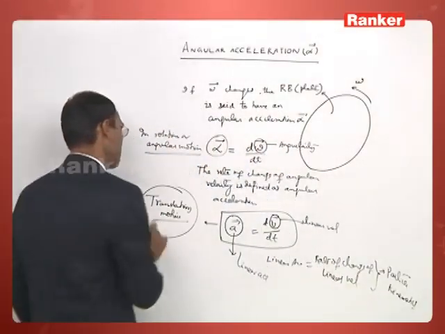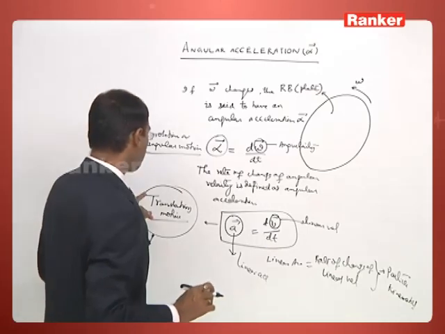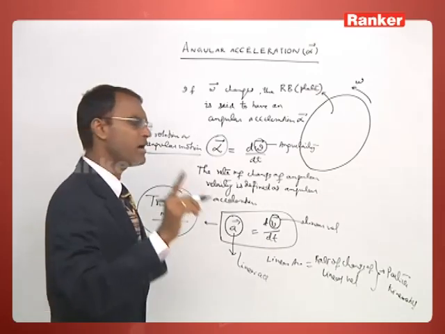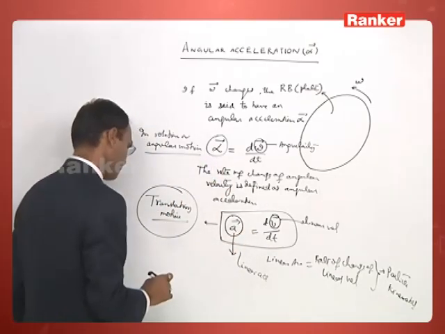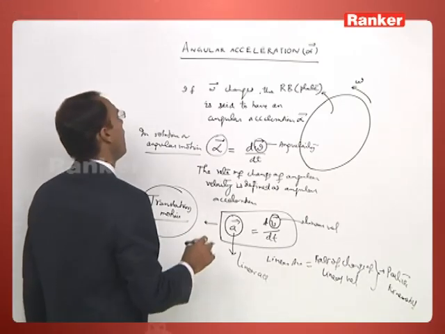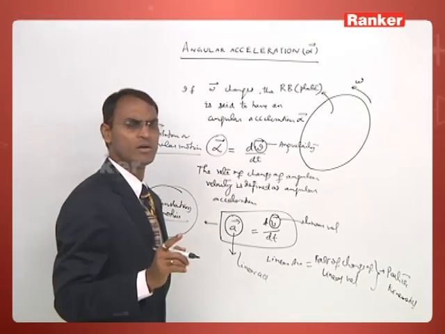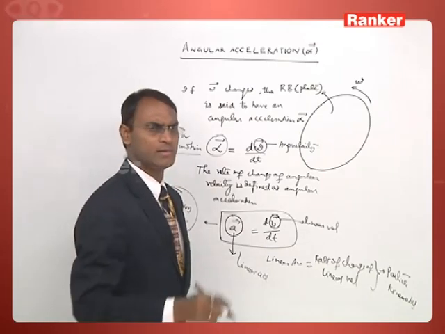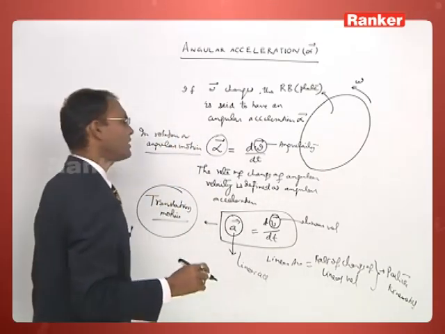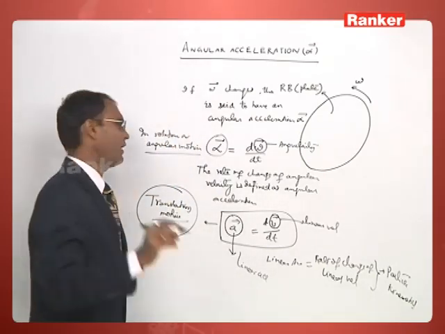Or translatory motion. Translation is used for a point mass or particle or the point, whereas rotation is used for a straight line. The word rotation cannot be used for a point.